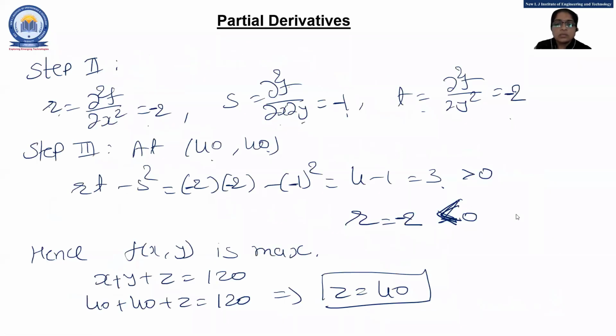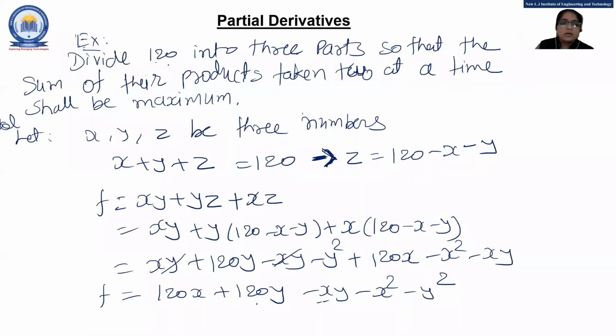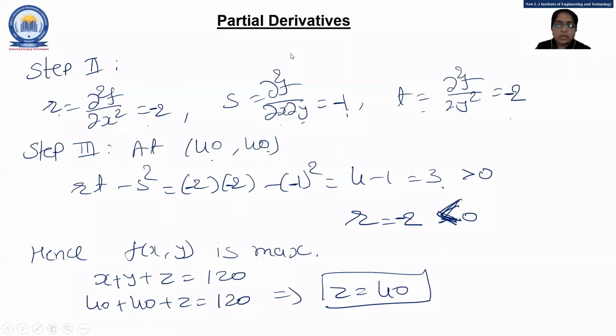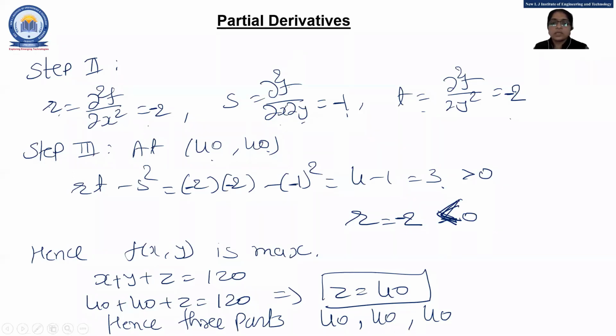This is our answer, because we have to divide 120 into 3 parts, and the 3 parts are 40, 40 and 40, because x is 40, y is 40 and z is 40, right?